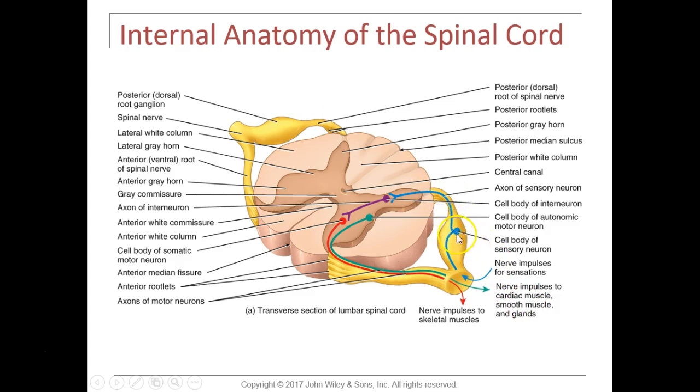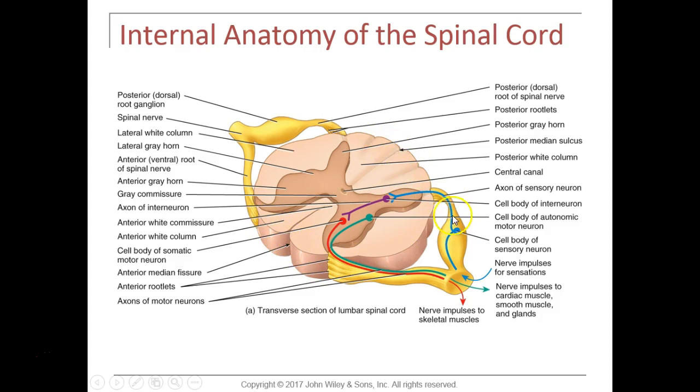And all of those sensory neurons, for those that are entering the posterior root, have their cell body in this enlargement right here, which is called the posterior root ganglion. So the axon then extends through the posterior root into the posterior part of the spinal cord. This is posterior over here. This is anterior over here.